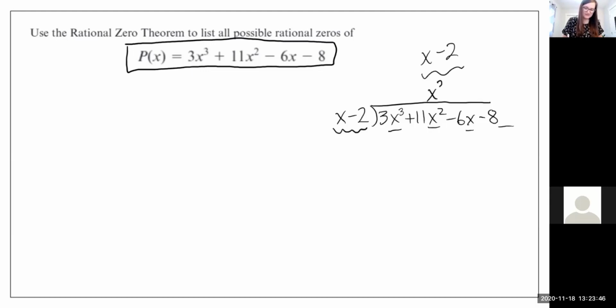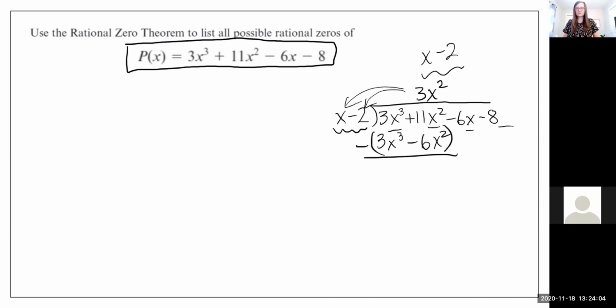Well, I have to multiply by an x squared term and by 3 so that this 3x cubed term matches. Right, so I'm multiplying it out by the divisor, and then I'm subtracting. And then 11 minus negative 6, 11 plus 6, drop the next number.